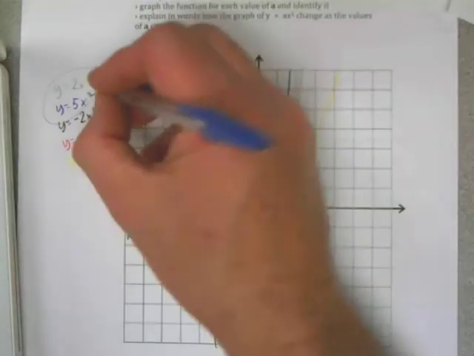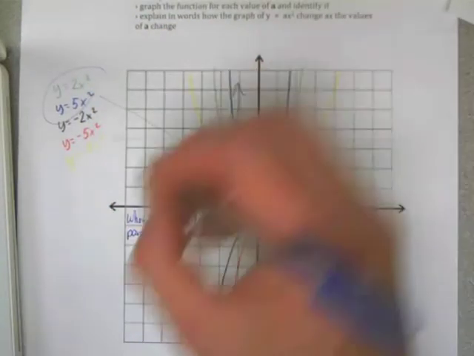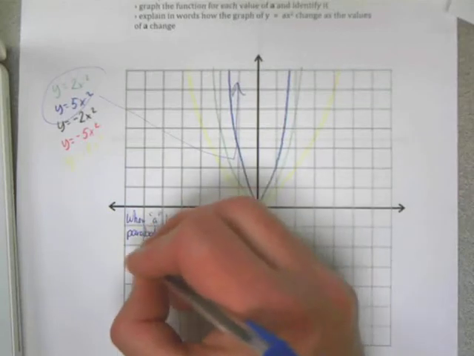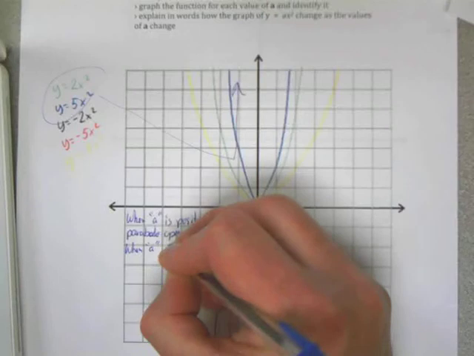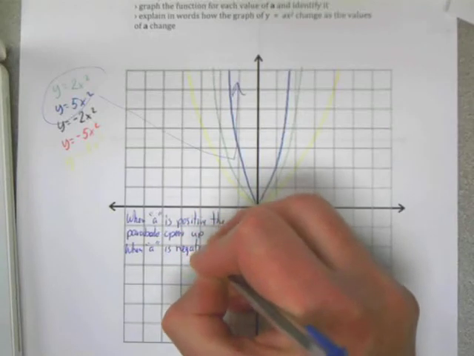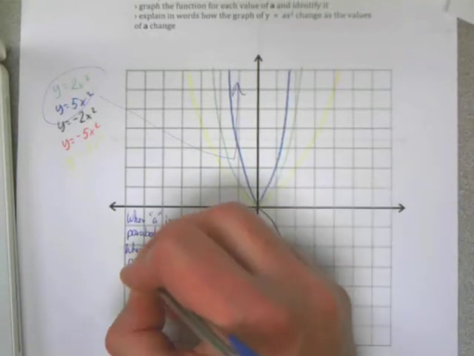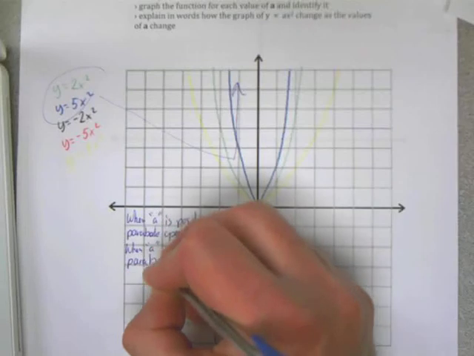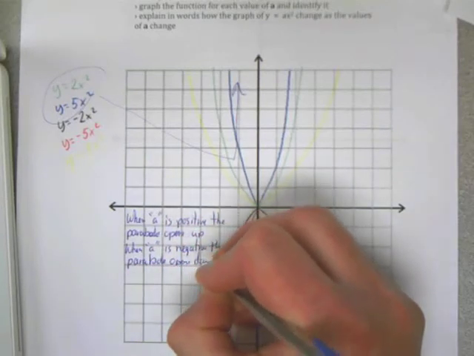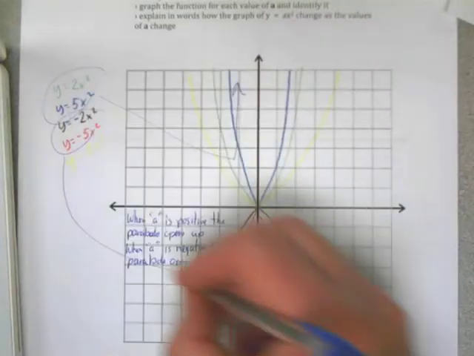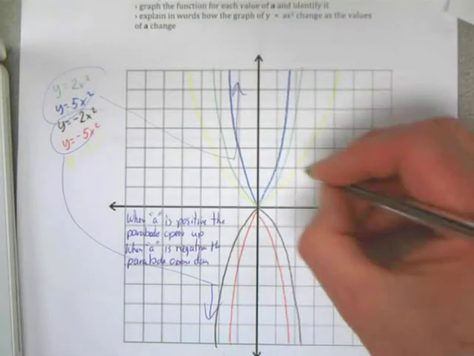So these here, they open up. When a is negative, the parabola opens down. Negative, here, down.